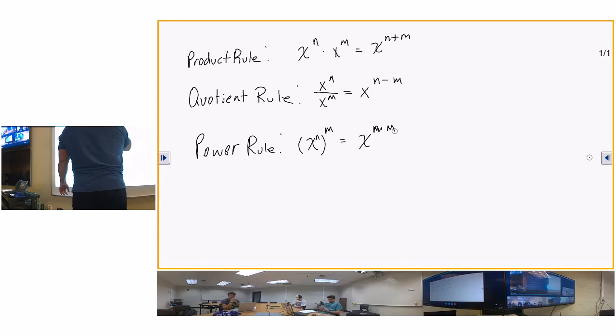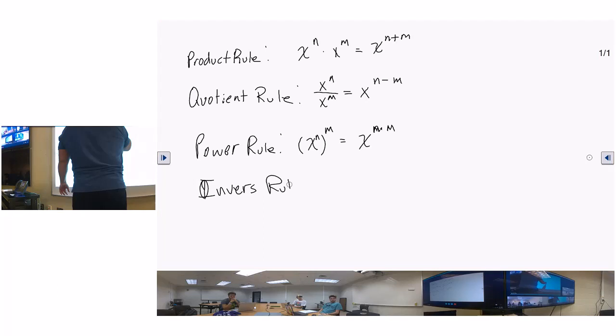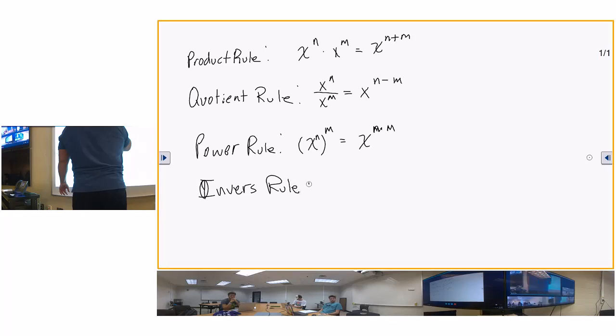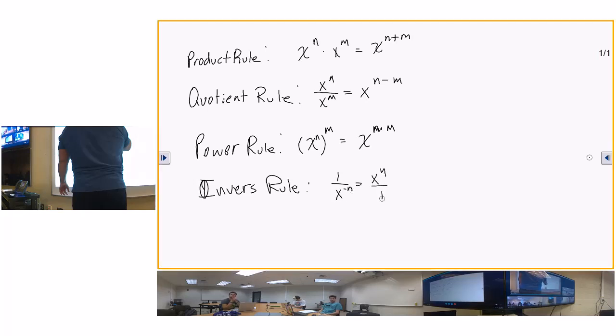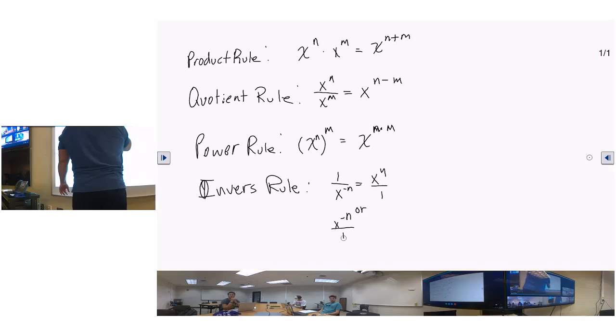And the other rules are the inverse rule. The inverse rule gets rid of a negative exponent. 1 over x to the negative n is equal to x to the n over 1, or x to the negative n over 1 is equal to 1 over x to the n.